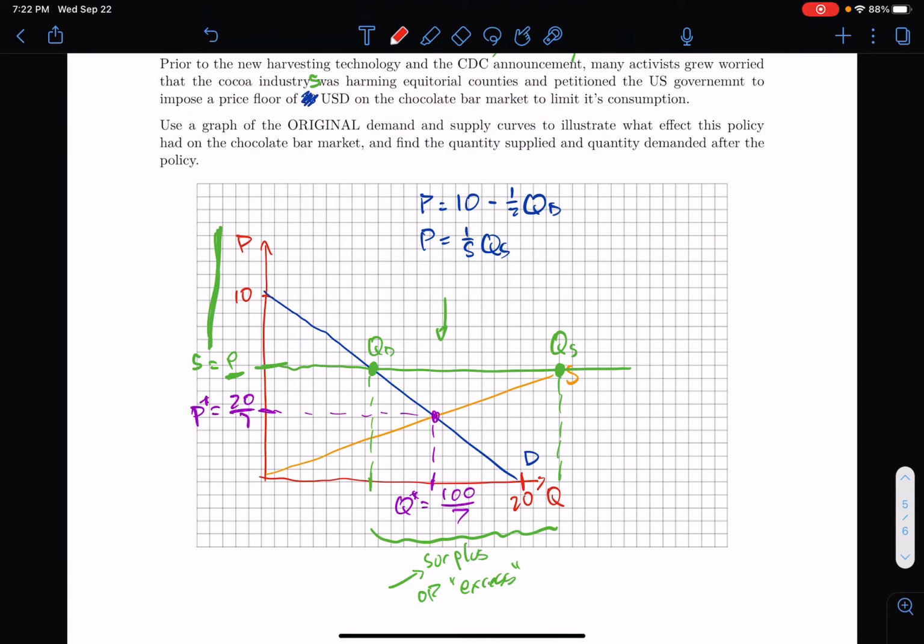Okay, so what we're going to do is just solve for these two quantities. The first is QD. So let's plug in a price. We have 5 is equal to 10 minus 1/2 QD. And that leaves us with 1/2 QD is equal to 5. So then QD is equal to 10.